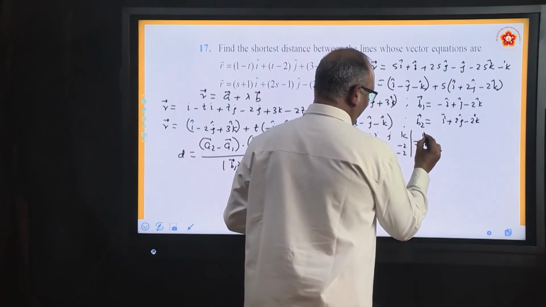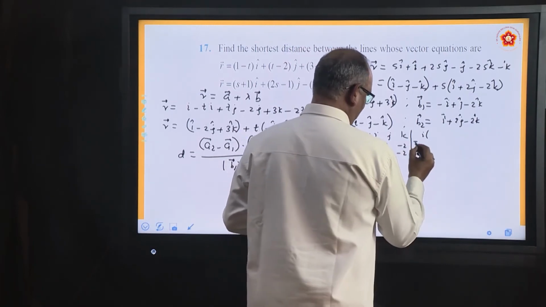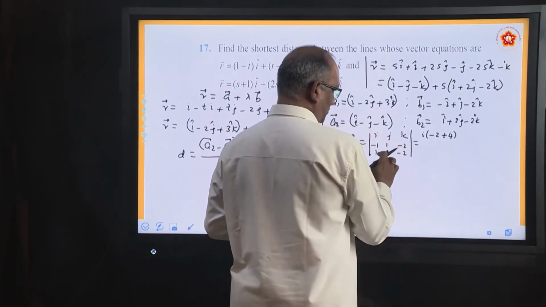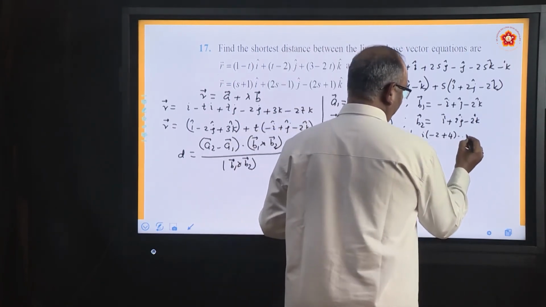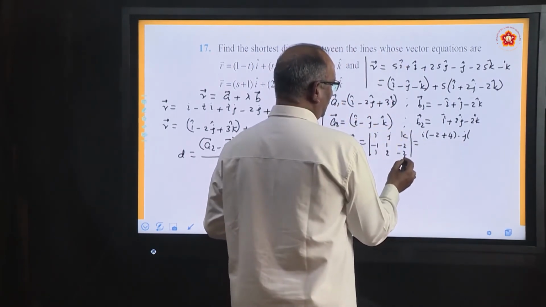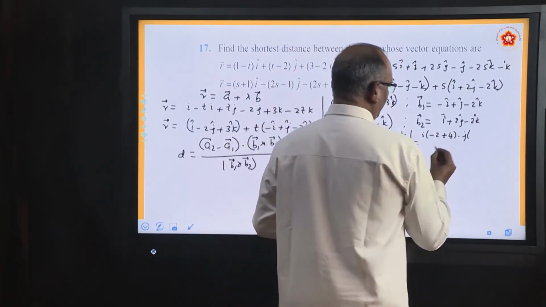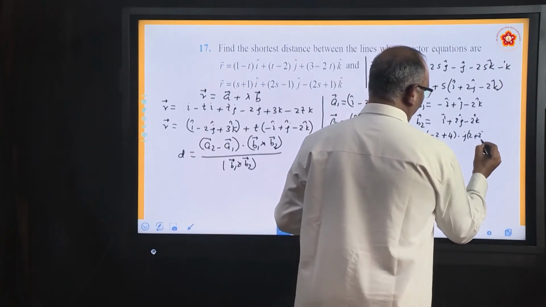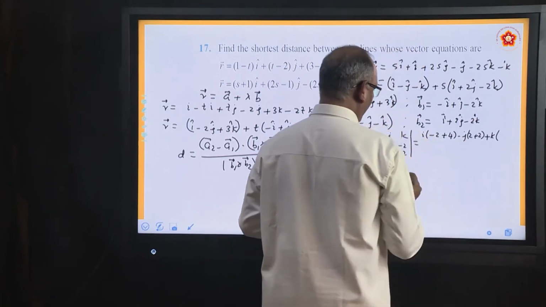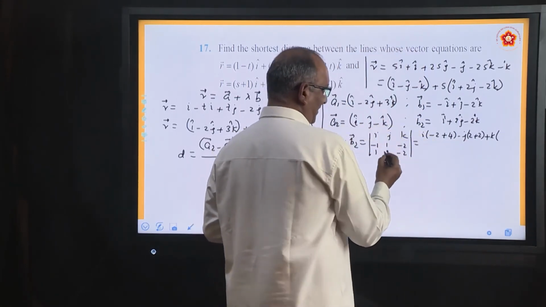Simplify. So you get i into minus 2 plus 4, minus j into minus 2 plus 2, plus k into minus 2 minus 1.